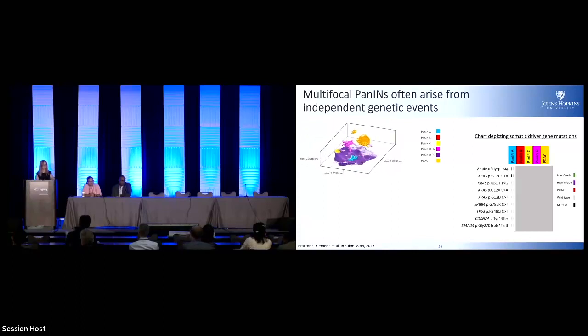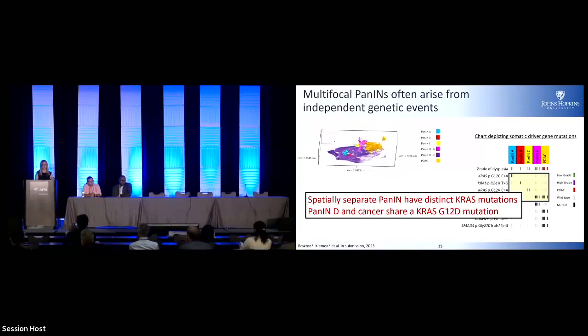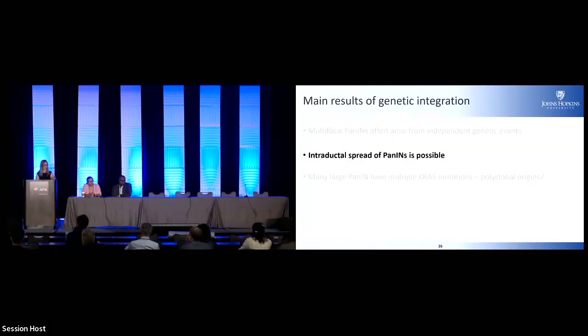This column is showing you that in Pannin A, we found a G12C mutation in 2 of the 5 zones. So the conclusion of this slide is to show that spatially independent Pannin tend to contain spatially independent somatic mutations. So these Pannins developed independently. In fact, most Pannins we mapped tended to have independent mutations.